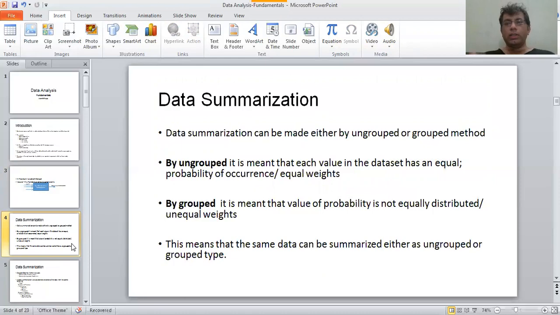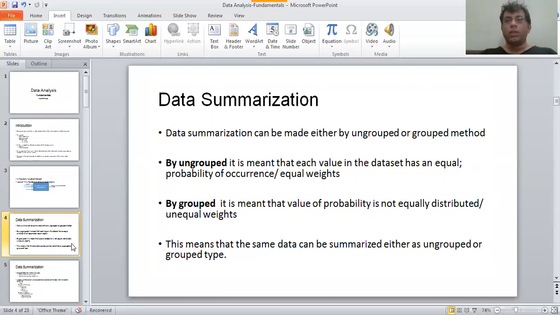Now, in the analysis of random systems, we basically start with the summarization of our data set. This is very important to understand. Remember that fundamentals are always very important. If the fundamentals are good, then you would be able to understand more complex things as well.